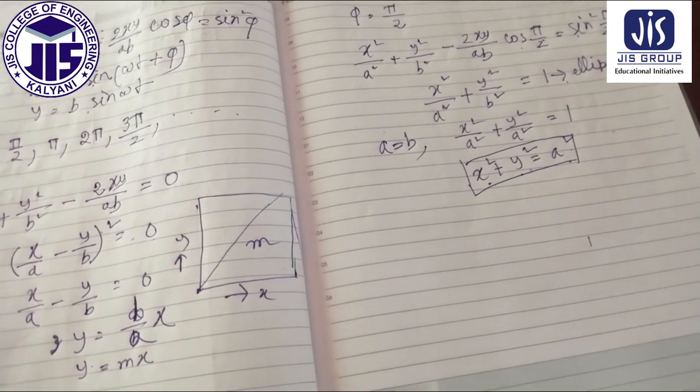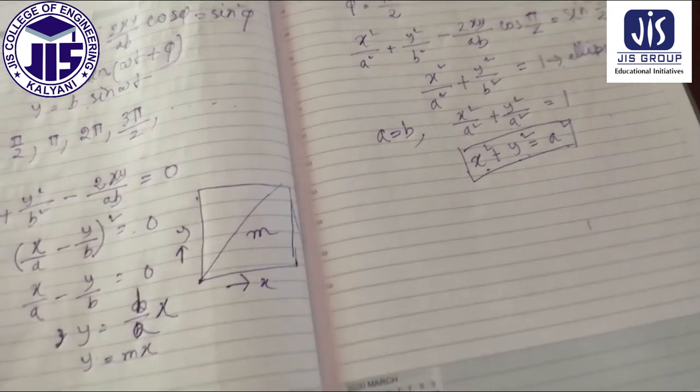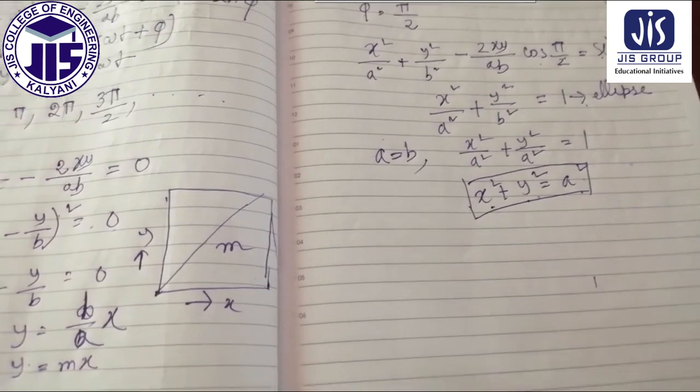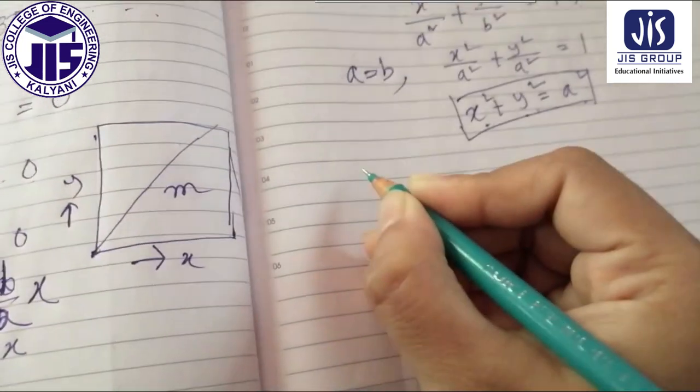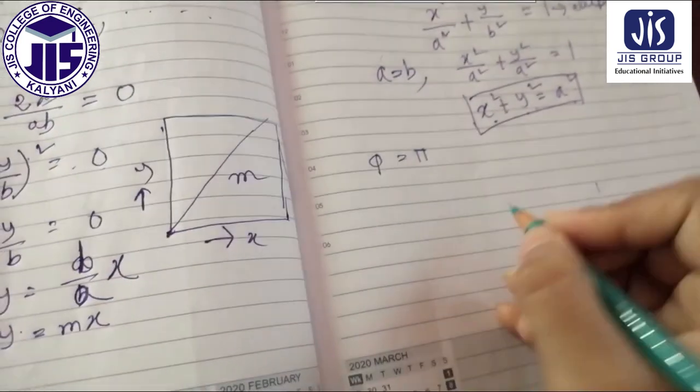Now we'll do for phi equal to pi. So if we put here phi equal to pi, what can we get?